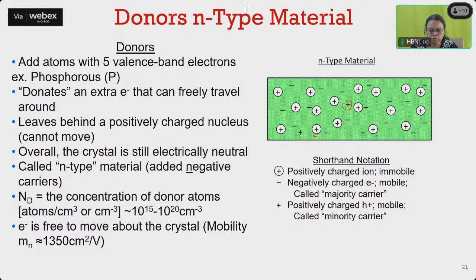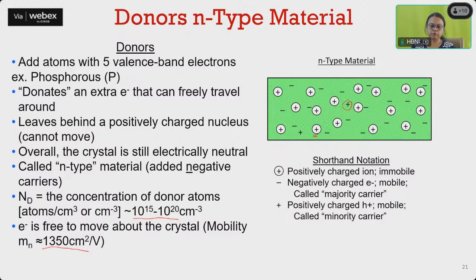The concentration of donor atoms, that is the number of phosphorus atoms, is around 10 to the power 15 to 10 to the power 20 per centimeter cube, and this electron is free to move in the crystal with a mobility of around 1350 centimeter square per volt second. So this is huge mobility, and just by adding very few atoms of phosphorus, we are able to change the electrical property of this material.